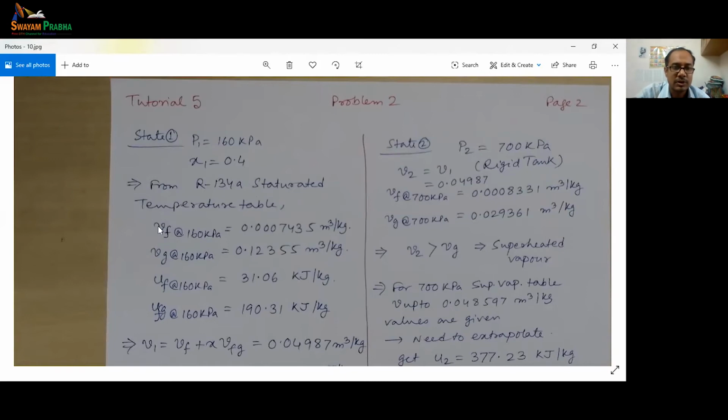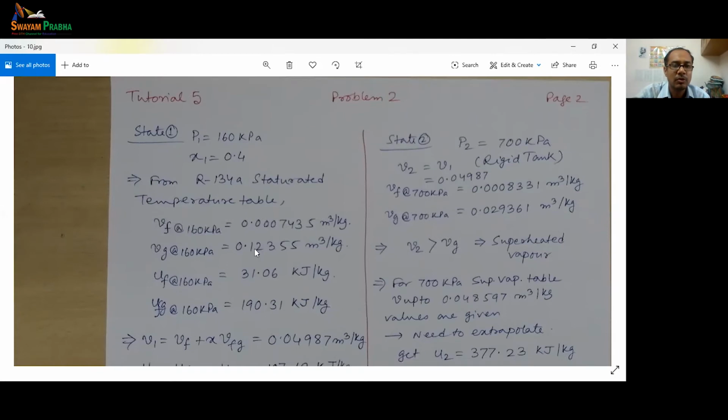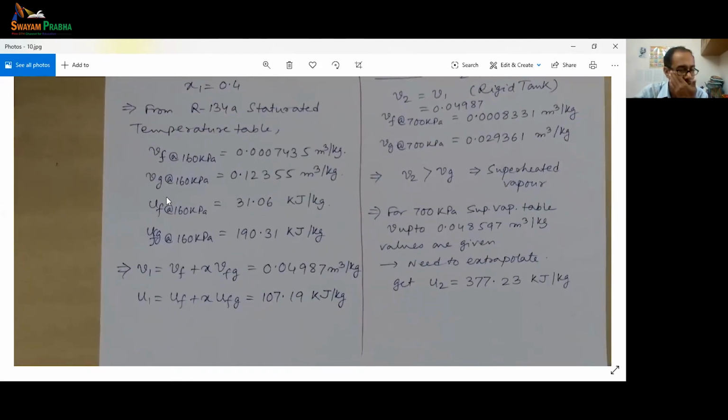This is for the specific volume of liquid at 160 kPa, and the same for the saturated vapor at 160 kPa. And we also find the corresponding values for the internal energies, because we will need them. So all these 4 values we pick up.